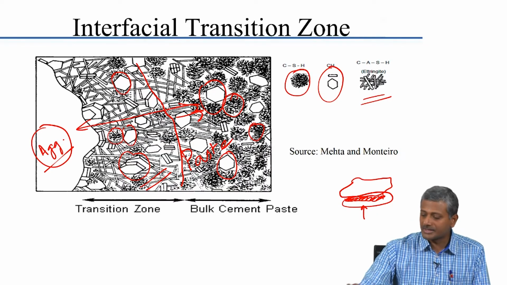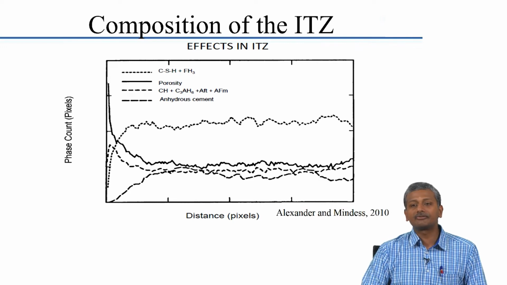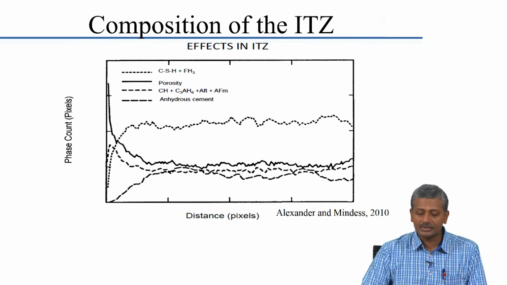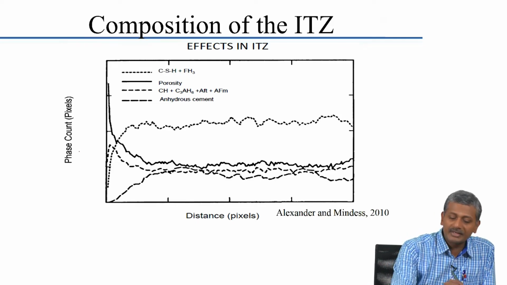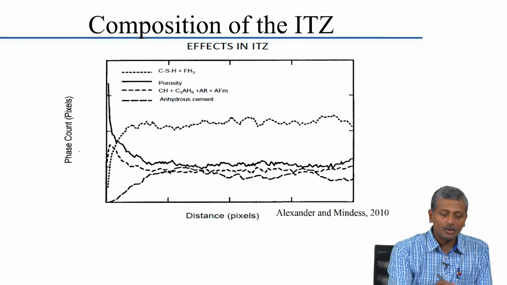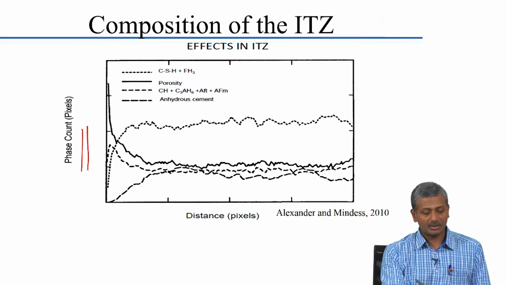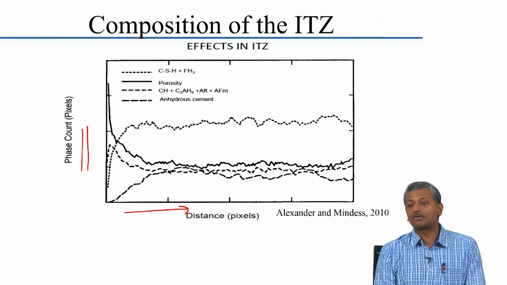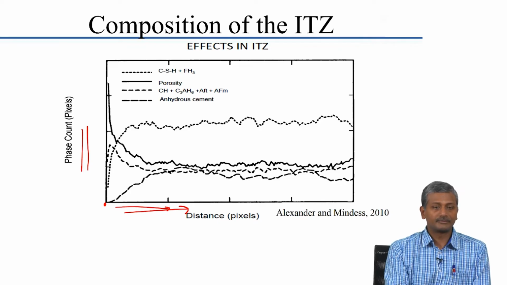I will show you some of these characteristics, but before that let us look at the ITZ itself as it is explored by several researchers, right. So this is basically a scanning electron microscopy study of the extent of the different phases that are present in terms of the distance away from the aggregate. So here this is at the aggregate surface, and here you are moving away from the aggregate surface.